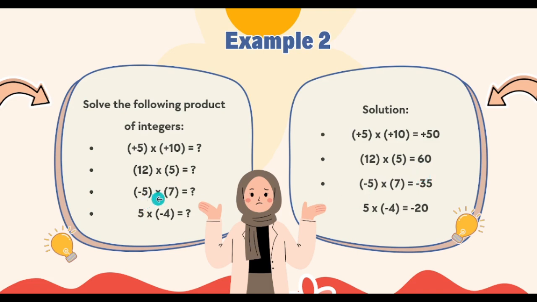Minus 5 multiplied by plus 7 is minus 35. Plus 5 multiplied by minus 4 is minus 20.